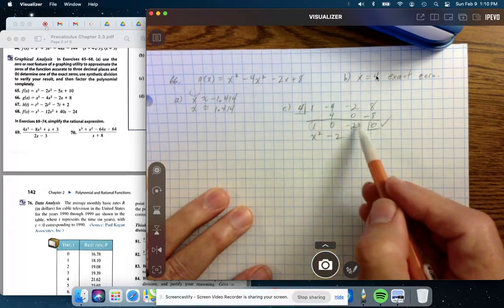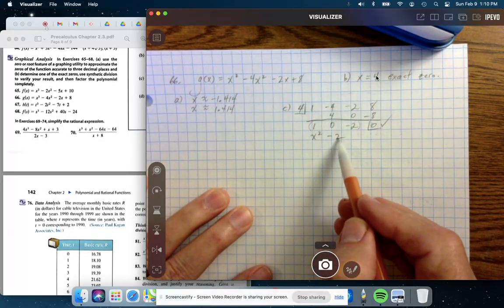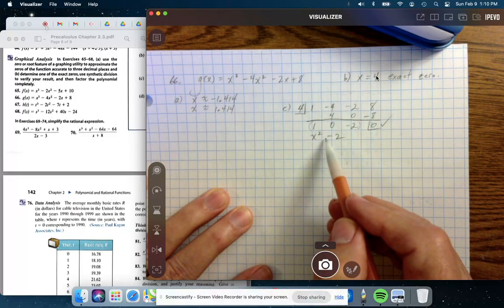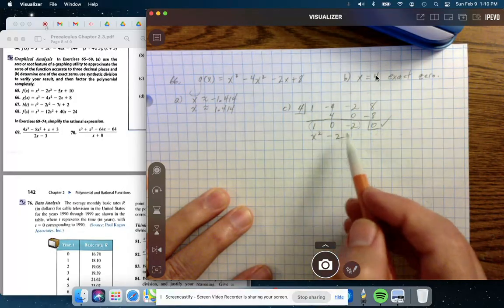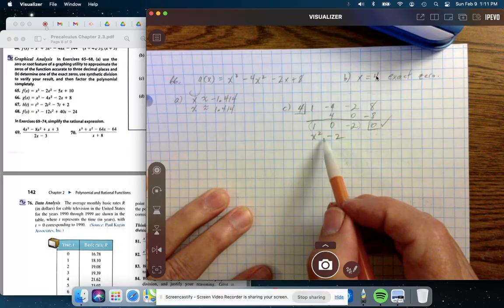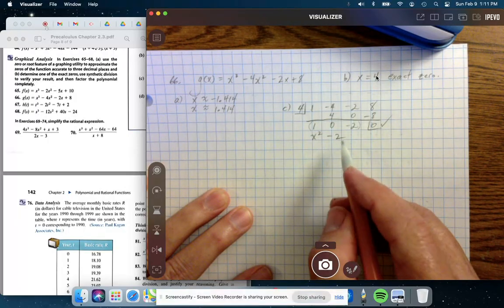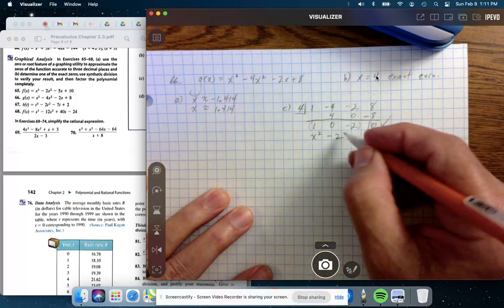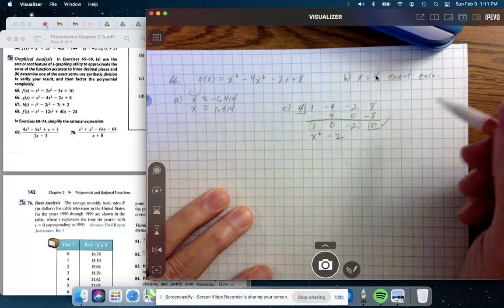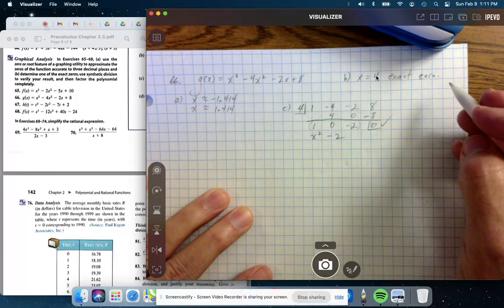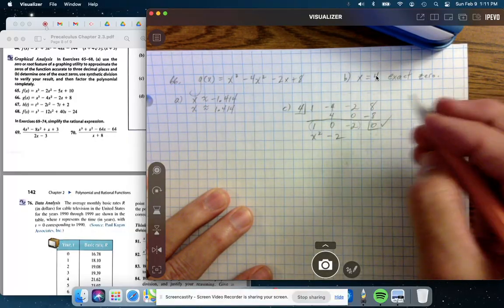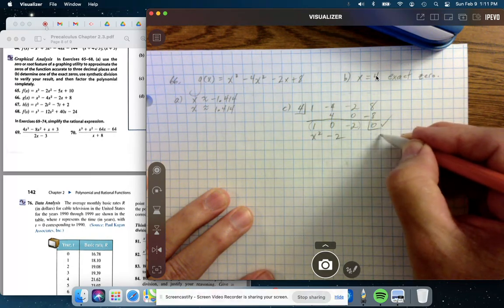I found another factor, x squared minus 2. Now this actually will factor to x plus the square root of 2, x minus the square root of 2. You could also set it equal to 0 and solve, and you would get square root of 2 and negative square root of 2, right? So let me show you what I mean.